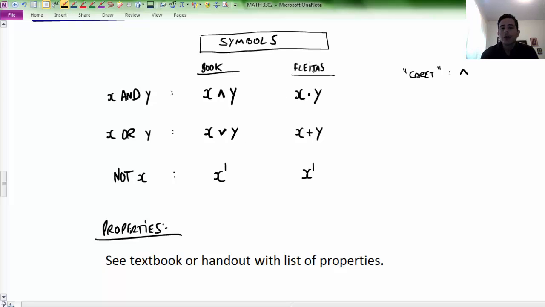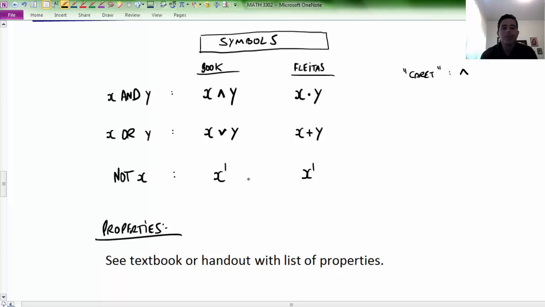Now I'm going to use this notation here, which seems to be easier because it reminds us of the regular algebra that we're used to. So for the AND gate, we can use multiplication, the dot, right? And for the OR gate, we can use the addition.